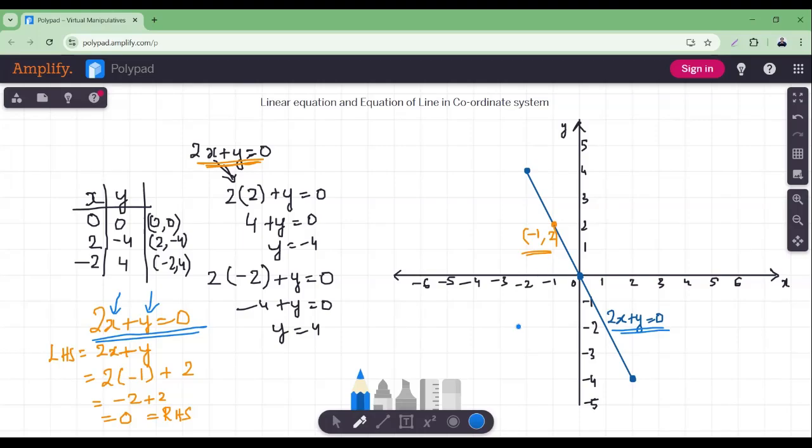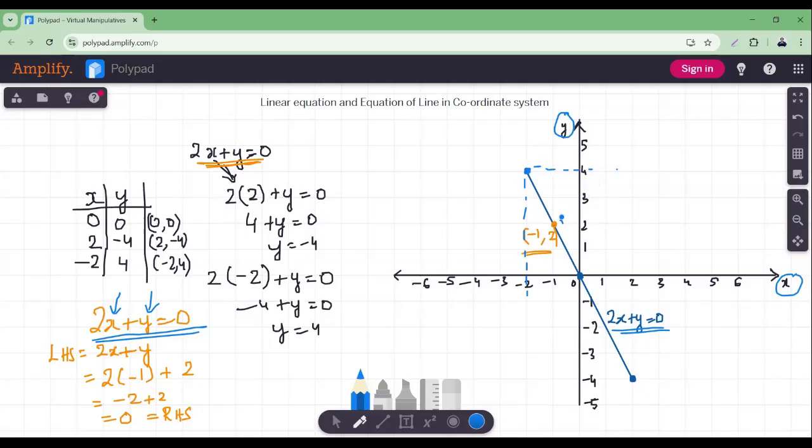Okay. Now let's do the vice versa. Let's take a line and then find out the equation of that line. And that will also be a linear equation with two variables. Why are there two variables? It's because there is a y-axis and an x-axis. Every point has some relationship with the x-axis and some relationship with the y-axis, right?